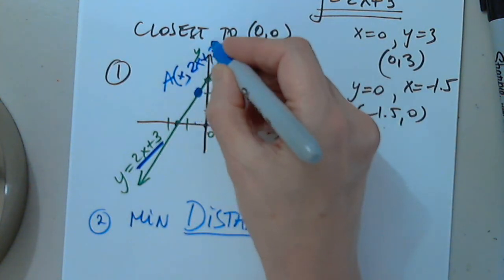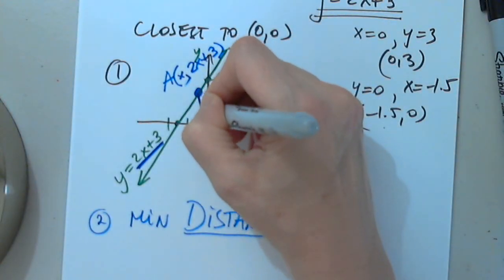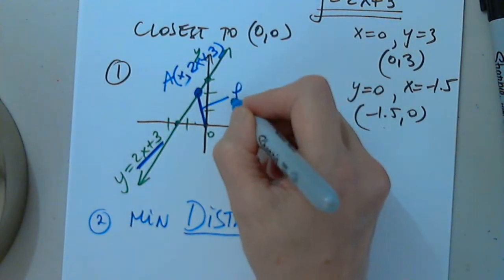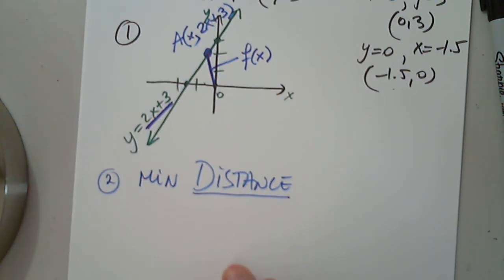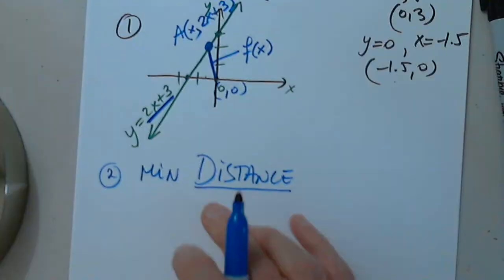Exactly. Good. So we want to minimize this distance. I am going to call it f of x. That's my distance. So this point is 0, 0.